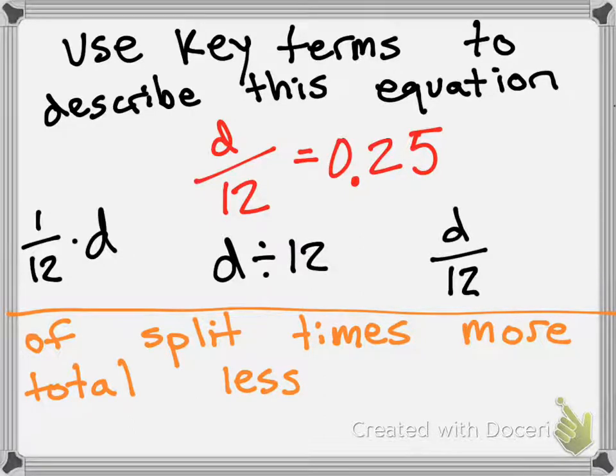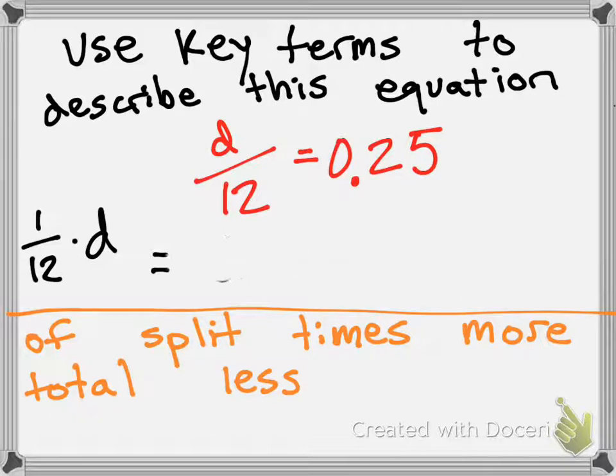And remember, with our keep, change, flip, that's how we prove it. So we do keep, right? We do change, multiplication, flip, 1/12. Do we see how these two are the same? So, what would be a nice key term to use here to describe it? I'm going to start with our variable.